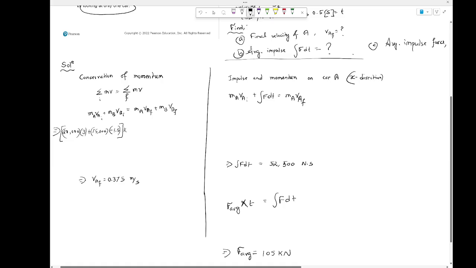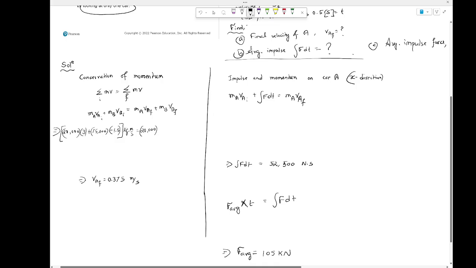So the unit is kg meter per second, right? Equal, so you have this 20,000. That is the catch. It should be negative. In the x direction, think this way. What is happening?